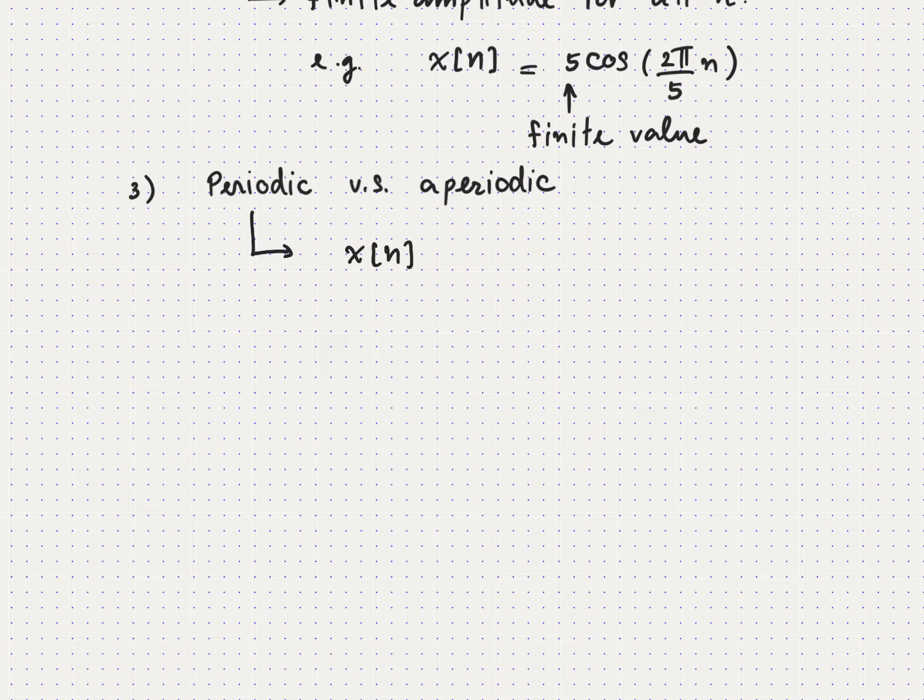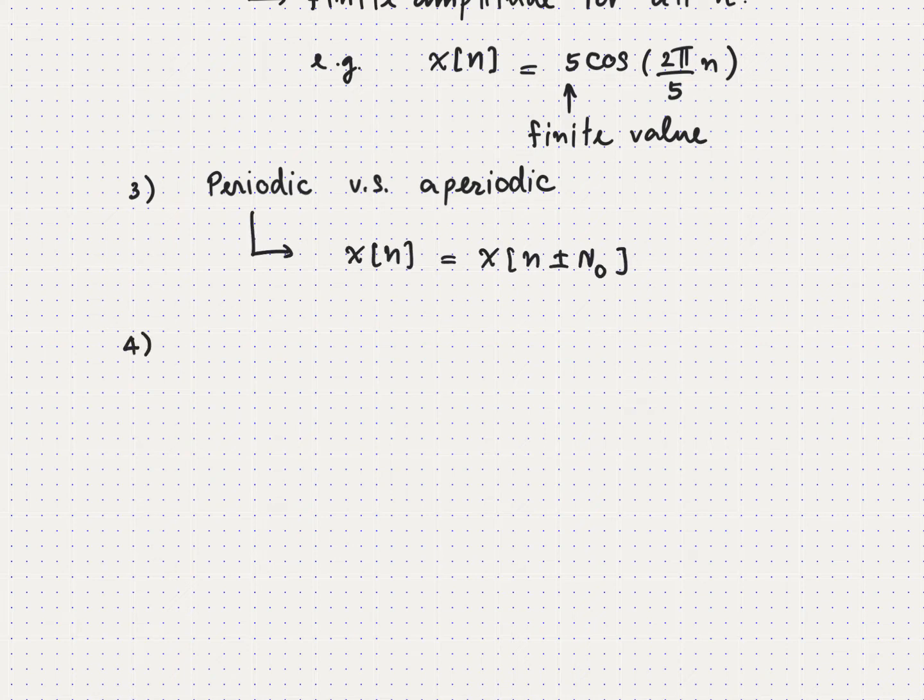So if x[n] equals x[n plus or minus N0] for some value of N0, right away we have a periodic signal. But if there is no period, or the period N0 goes to infinity, or the period does not exist, right away we have an aperiodic signal.